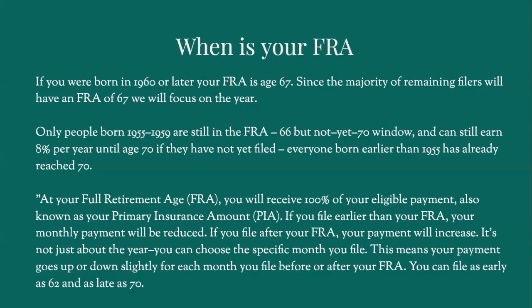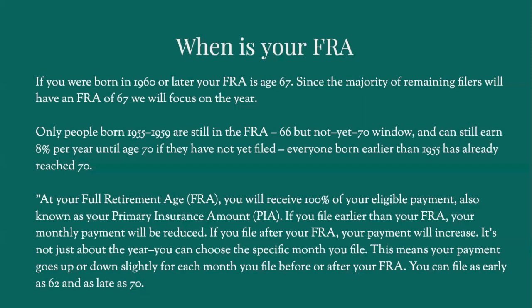Only people born in that 1955 to 1959 range are still at an FRA of 66 but not yet 70, and can still earn 8% per year until age 70 if they have not yet filed. Everyone born earlier than 1955 has already reached age 70, right?